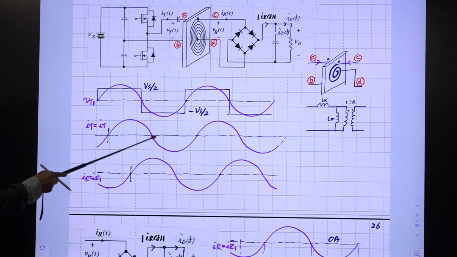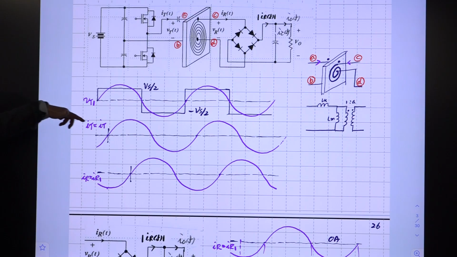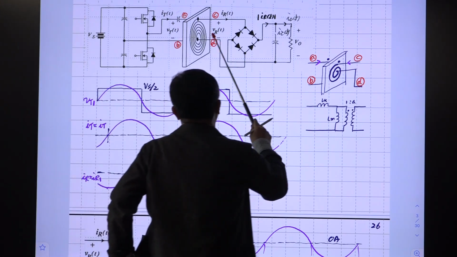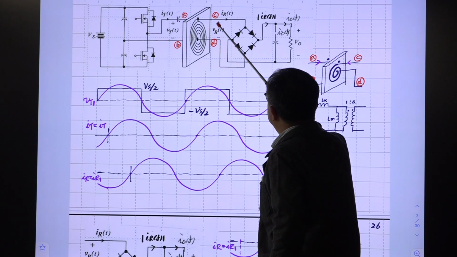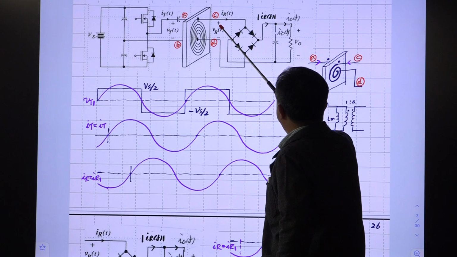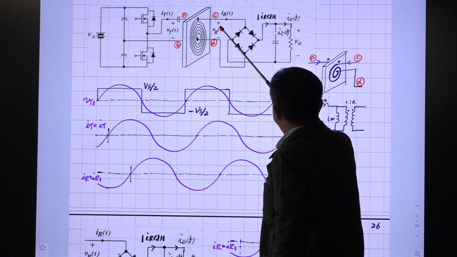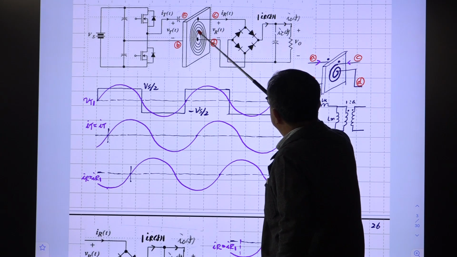So you have this sinusoidal tank current with some phase delay. We have the characteristic here, and this is the voltage waveform here, VR2. This voltage is sinusoidal, right?